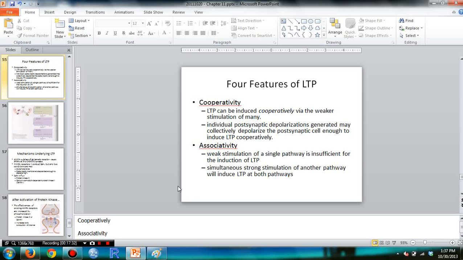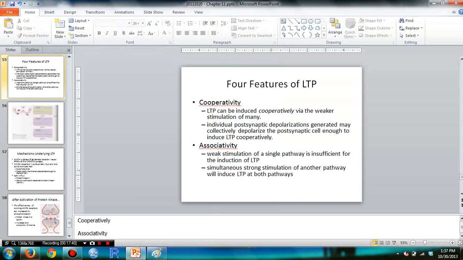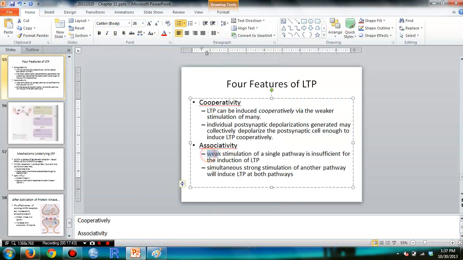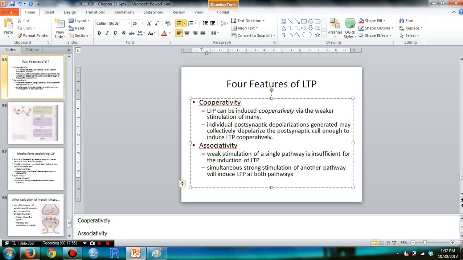This is hugely interesting. With associativity, a weak stimulus may be insufficient to cause LTP, right? So you have a super weak stimulus, but if it comes simultaneously with a really strong stimulus, that input will actually receive the benefit of the LTP.